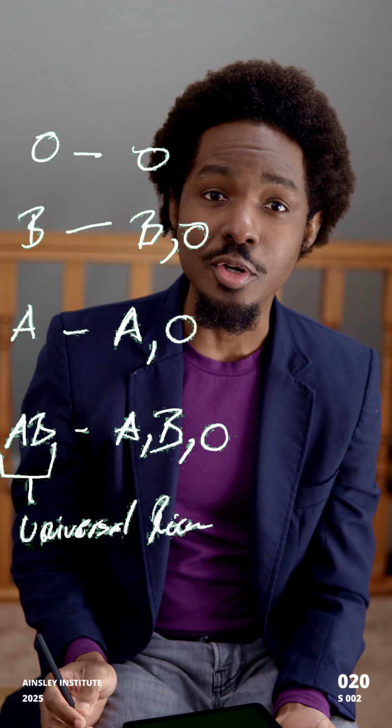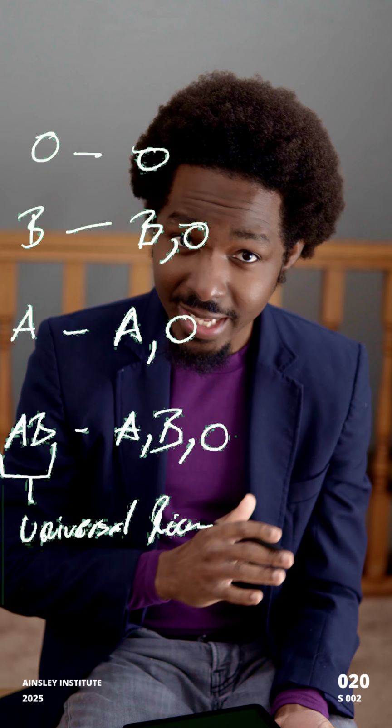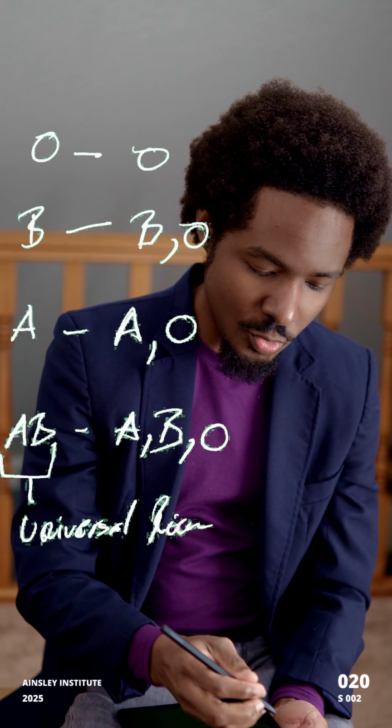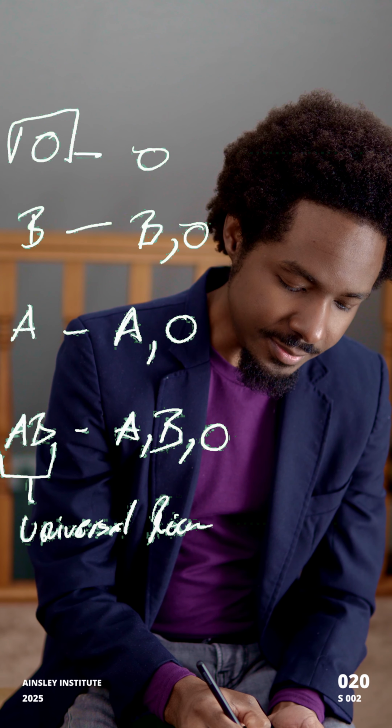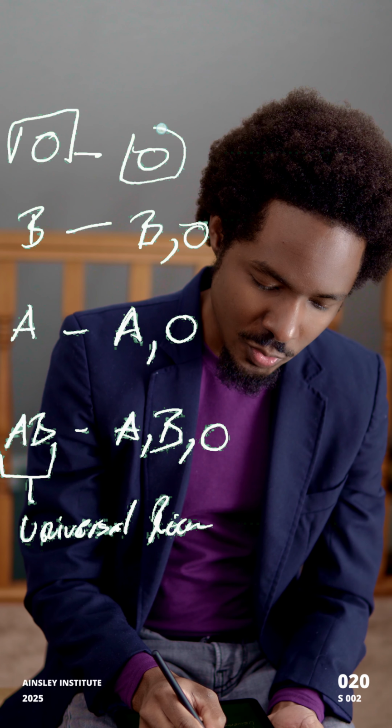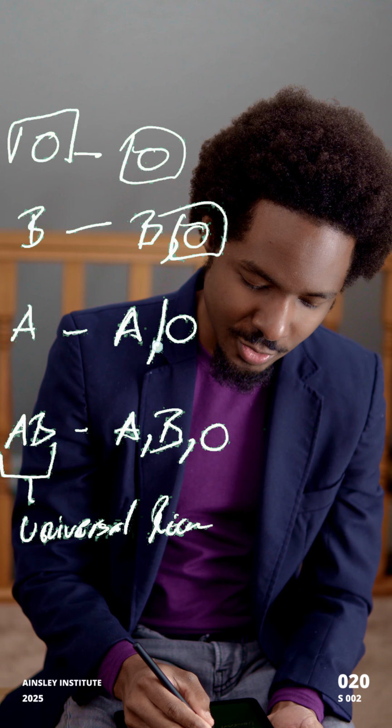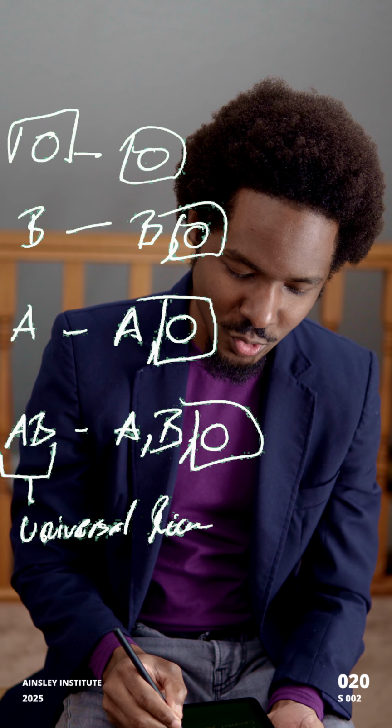So the AB person can receive blood from any of the blood groups. The O person, we realize that O is right here, here, here, and here.